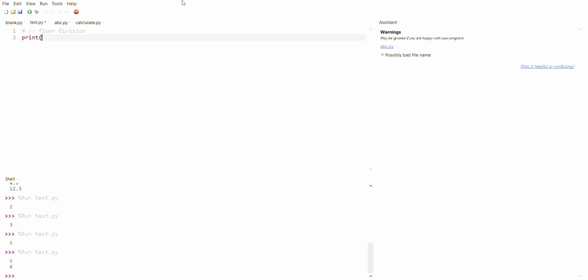So we should try this. Print 48 floor division by 11.